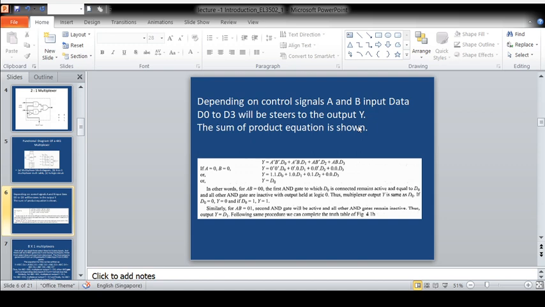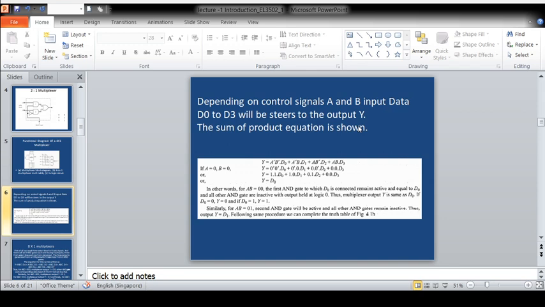Here, if we change the value so that A is equal to 1 and B is equal to 1, what happens? The lowest AND gate is going to be enabled, and all the upper 3 AND gates are going to be disabled. That means the lowest AND gate is open, allowed to get the data from D3.